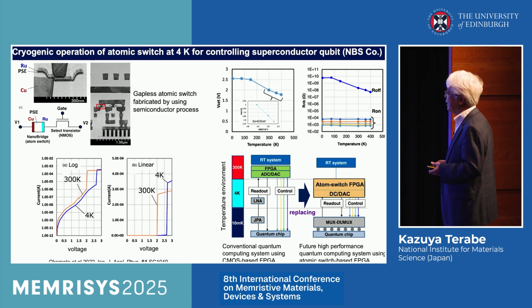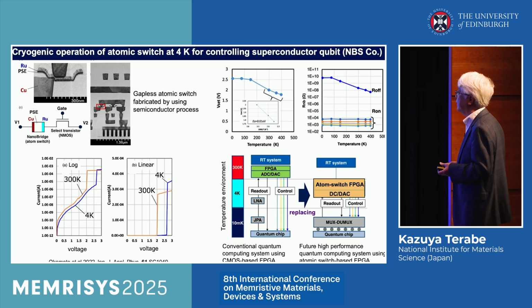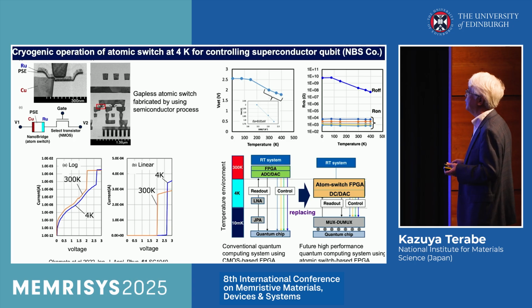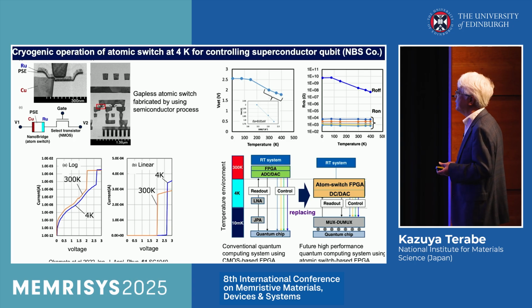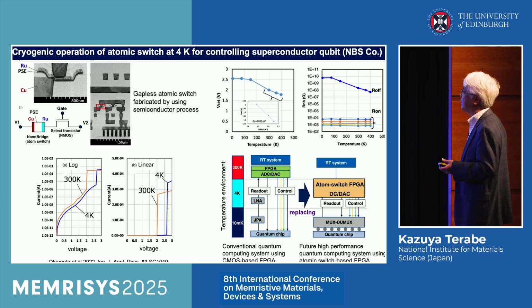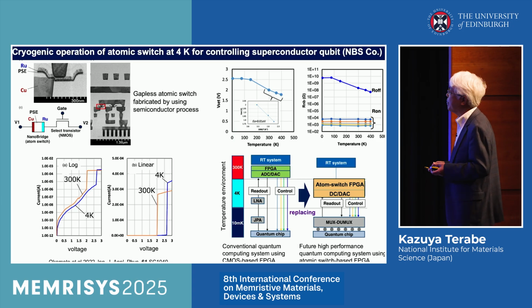So this shows switching behavior at room temperature and 4 Kelvin. So this is a log scale, and this is linear scale. You can see the switching behavior at room temperature, but at 4 Kelvin it is also observed like this. So the switching voltage is not so different, 2 volt and 2.5 volt.